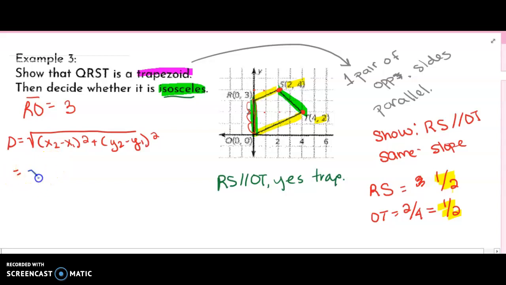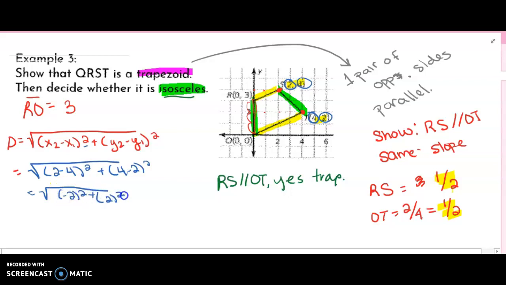All right, so square root of 2 minus 4, don't forget the squared, plus 4 minus 2 squared. So this is just a negative 2 squared plus 2 squared, which is a square root of 4 plus 4, which is a square root of 8.